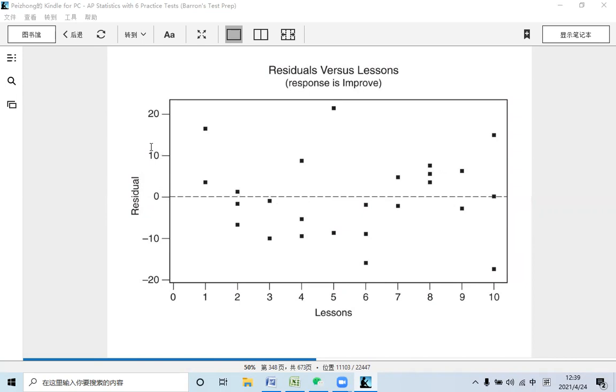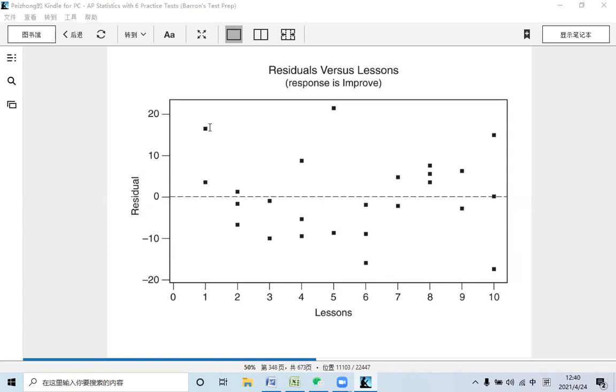And you have positive residues and negative residues. Remember, how would you calculate the residue? The residue is the observed score minus the predicted score. The observed minus the predicted.